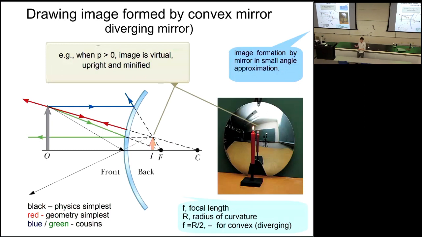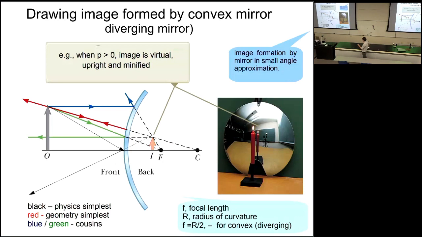That's actually the heart of getting one mirror to converge rays, the other mirror to diverge rays. So that's a very important thing. And you'll learn this as you actually draw ray tracing yourself. But you'll notice I'm going to use this point and this point on the back side of the mirror rather than the focal length and radius of curvature on the front side of the mirror for this convex mirror.